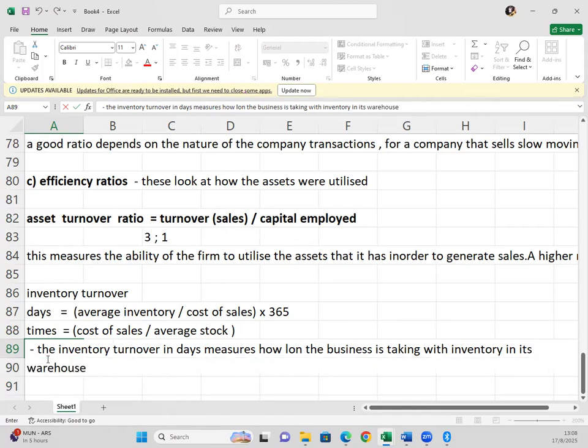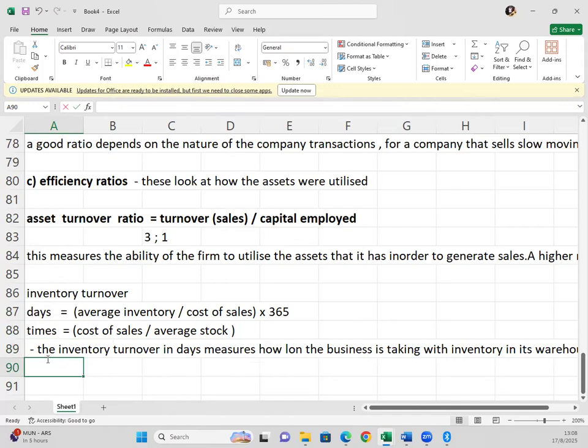For a good business, we shouldn't have inventory for a long time in the business because the inventory can deteriorate. So we want to buy inventory so that it does not stay in the business, and leaves quickly. So a good business has shorter inventory days.